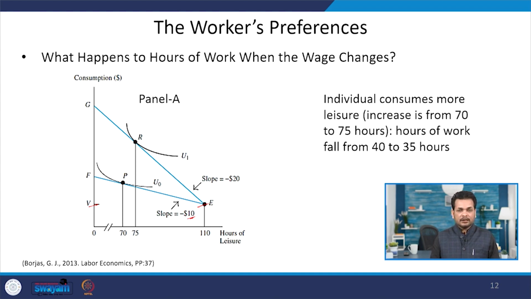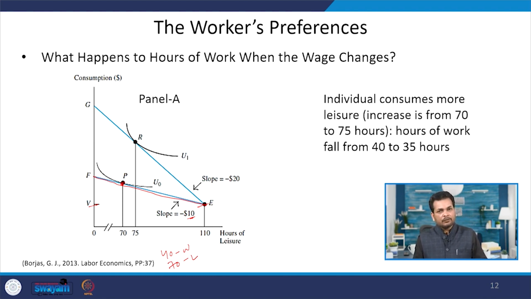the worker's opportunity set or the budget line is FE, and the worker is initially at a point of equilibrium at point P, where he maximizes his utility by working 40 hours or having 70 hours of leisure.